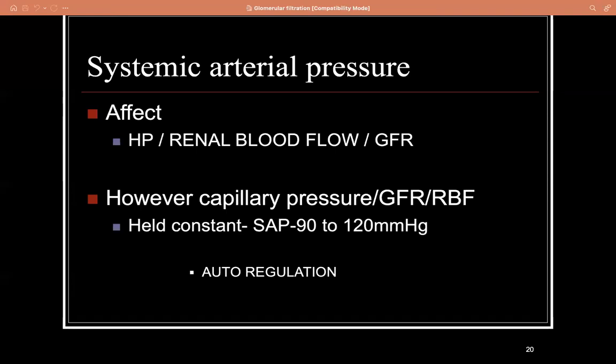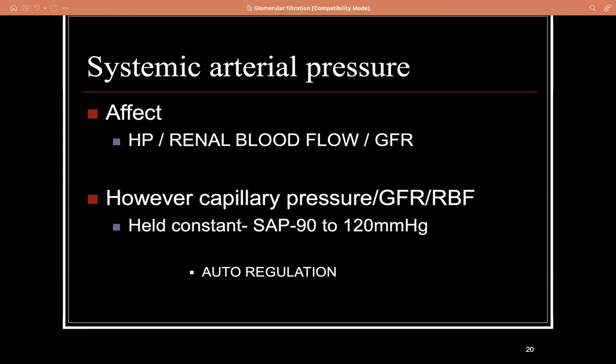What are the effects? What we are asking is, what are the effects of increased systemic blood pressure on GFR? So if you're supposed to produce 125 mils in 1 minute, that is a GFR.